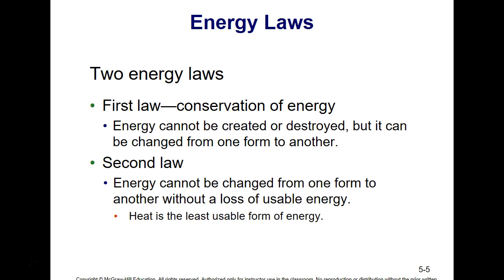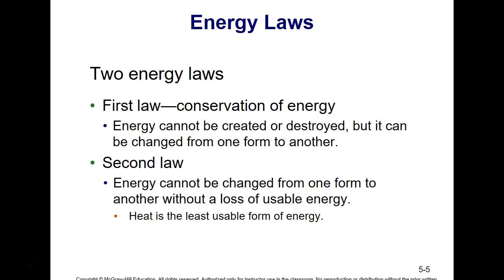That's being changed from one form to another. Another good example is the light bulb: when you plug your lamp into the outlet, the electricity is transformed into light energy, which gives light to your room. Those are just some simple examples of how energy can be changed from one form to another.